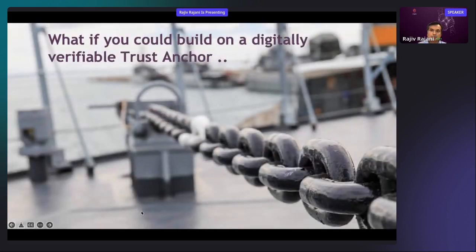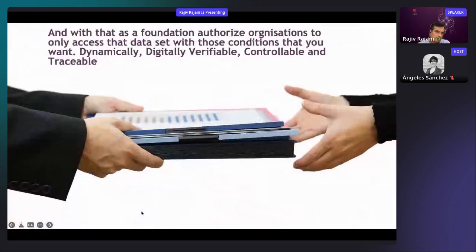But what if, instead of doing that every time with every party you want to share data with, we could build on a digitally verifiable trust anchor, which allows you to reduce this bilateral contractual work to the bare minimum, and most of it can be done digitally?